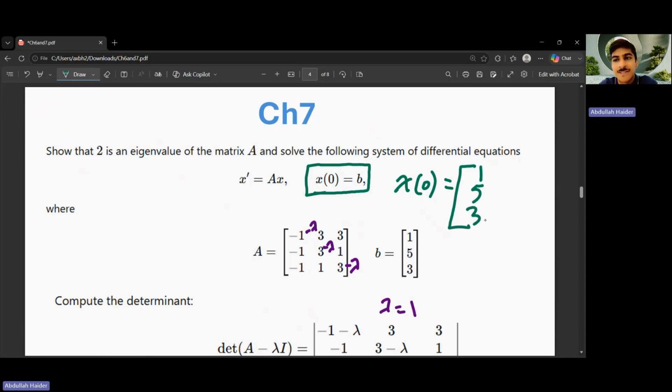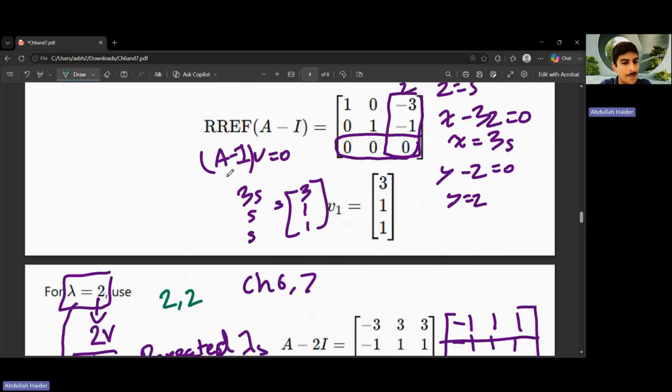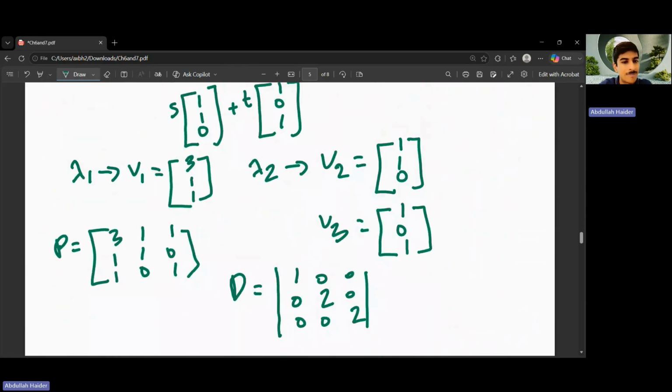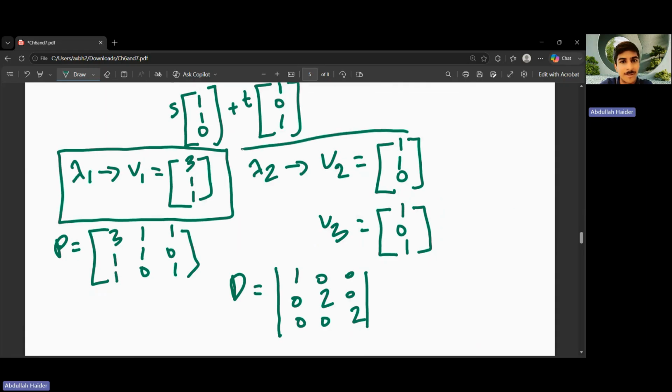Whenever you get an initial condition, this means that you're answering a chapter 7 question. Unless specified, you don't have to do A P equals P D or find P and D. You just need to know that this eigenvalue gives you this eigenvector, and this eigenvalue gives you these 2 eigenvectors.